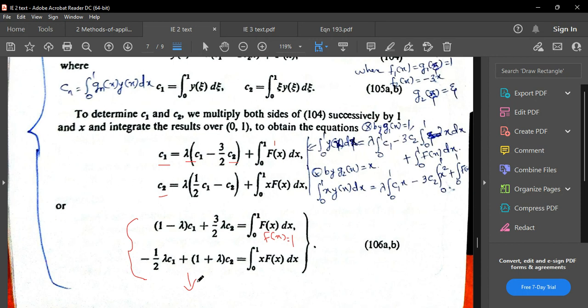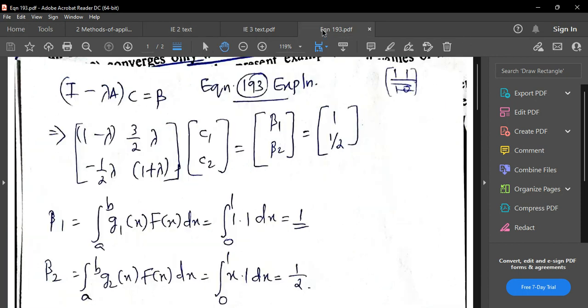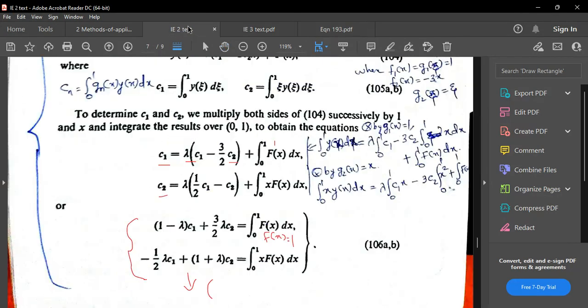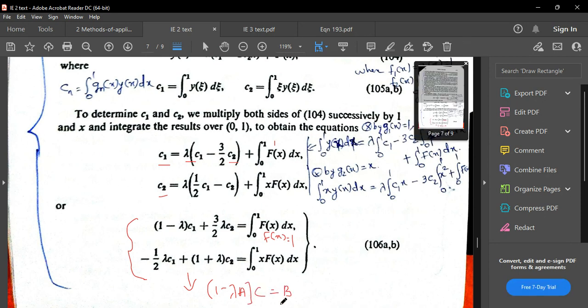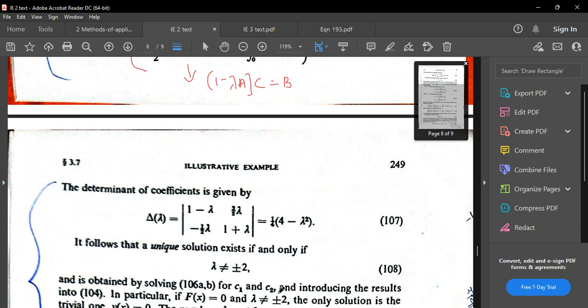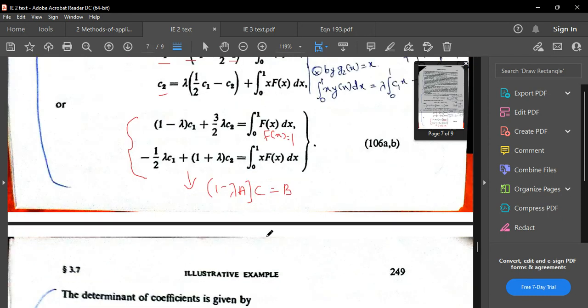This is given in matrix notation as 1 minus lambda a into c is equal to b. So this system of equations is given in the matrix format.